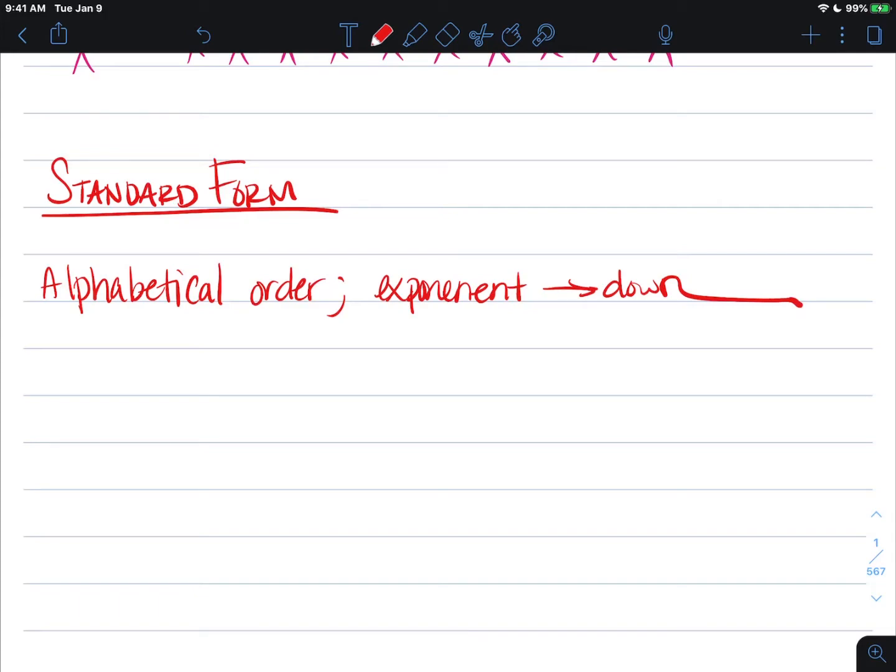So what that means is, for example, if I saw something like x to the power of 5 plus x to the power of 6 plus x to the power of 2 plus y to the power of 2 plus a to the power of 2.